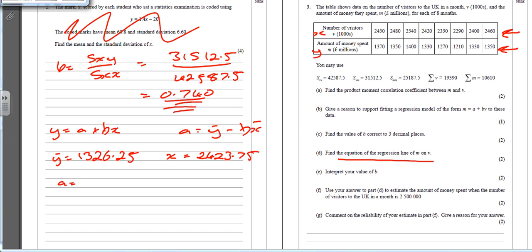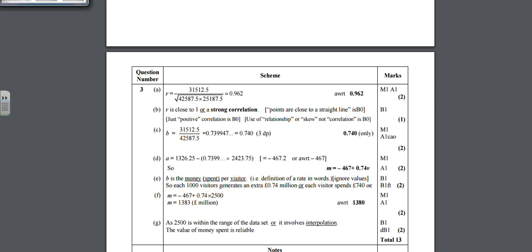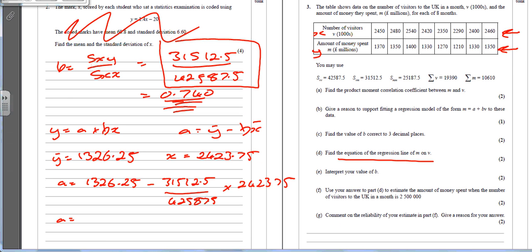So now we've got that, we need to work out what a is. So a is 1326.25 minus b. Again, rather than using 0.740, use the exact thing here: 31512.5 over 42587.5 times by x bar, which is 2423.75, and in doing so you get your value of a to be minus 467.